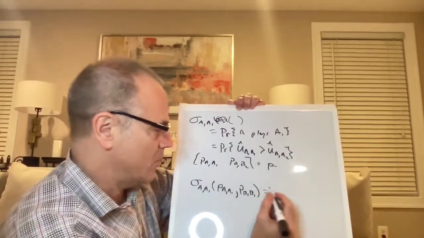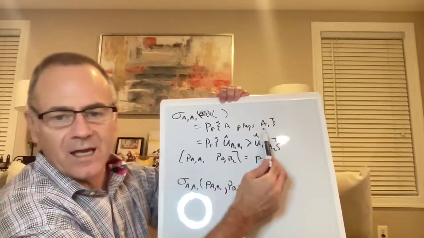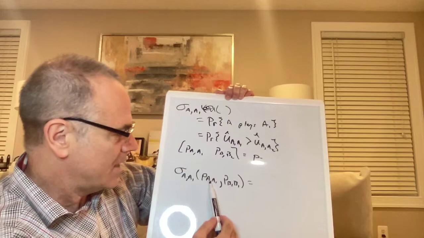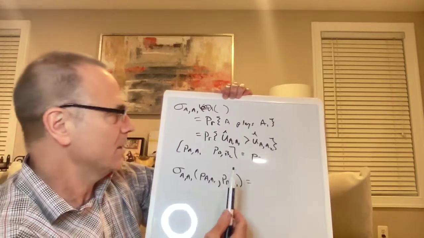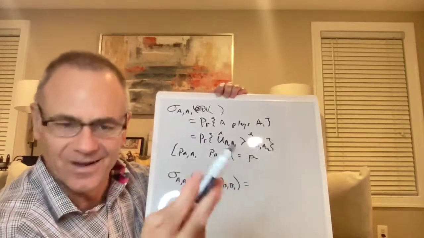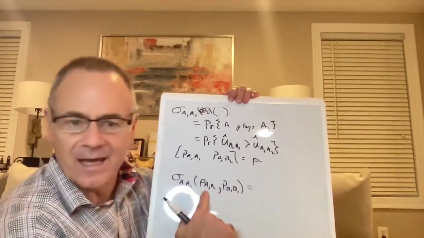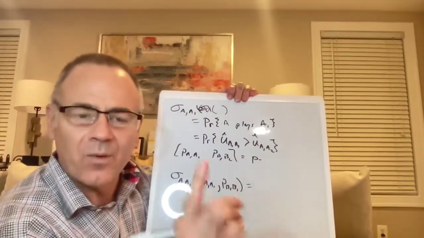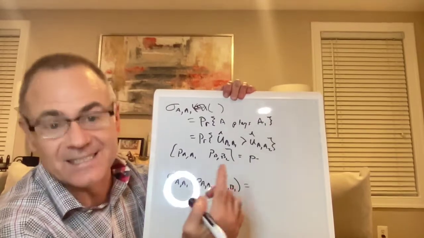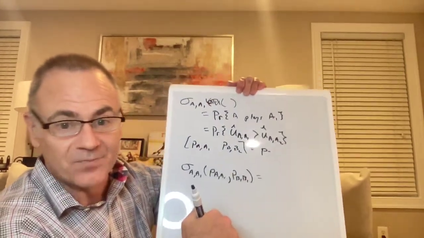And that equals the probability A plays A1. And now you should have said, well, wait, I thought PAA1 is the probability A plays A1. Good point. What's going on here is this PAA1 is the probability that the equilibrium God announces. That's the seed probability.